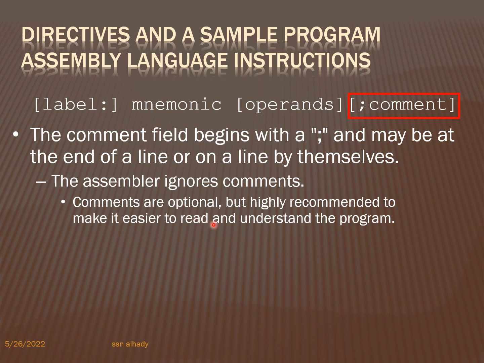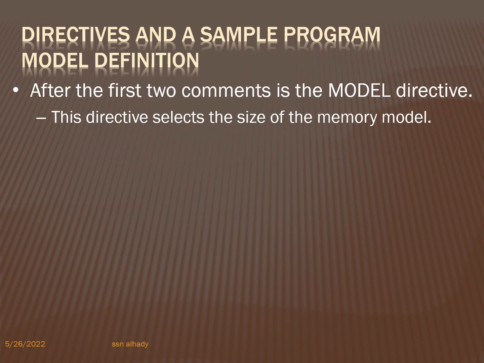Comments are optional but highly recommended to make it easier to read and understand the program. If you put in comments, it is more manageable and structured, and easier for you to refer back when you want to, for example, upgrade the program and so on.